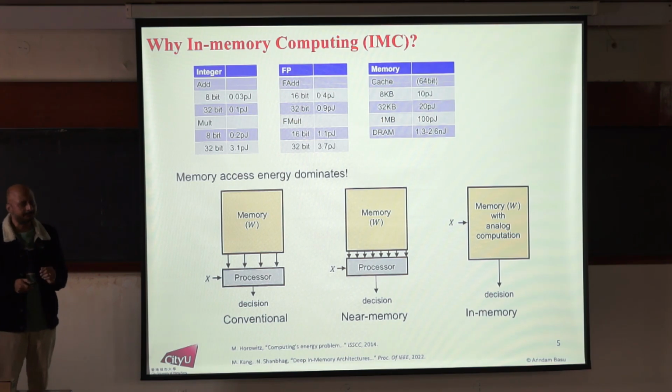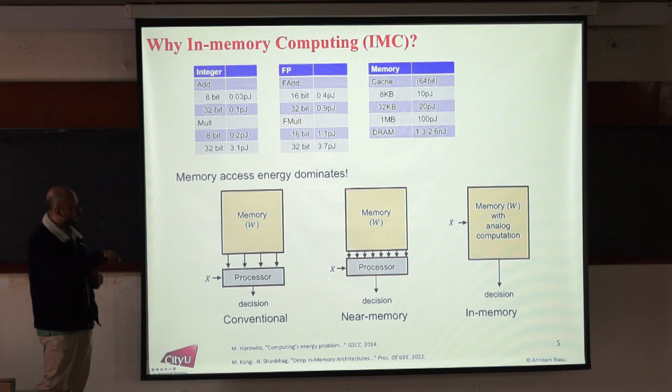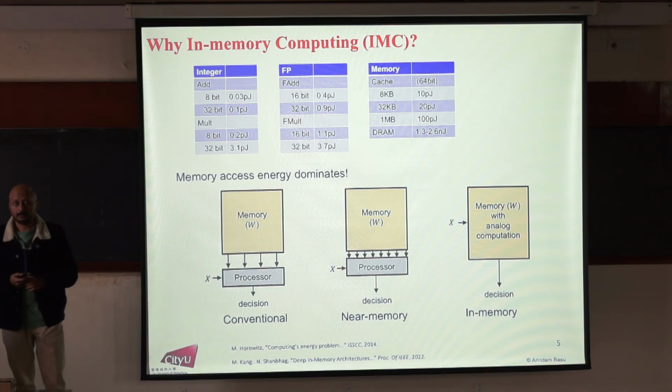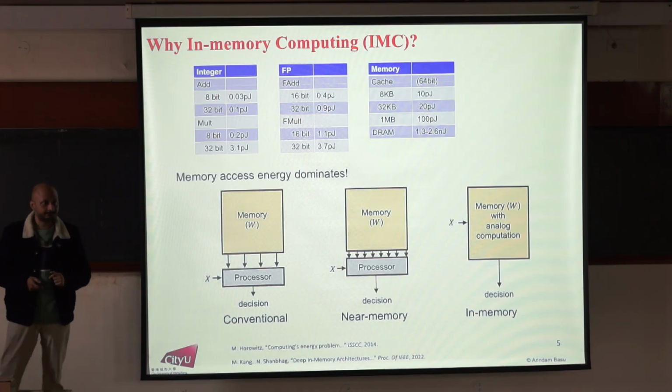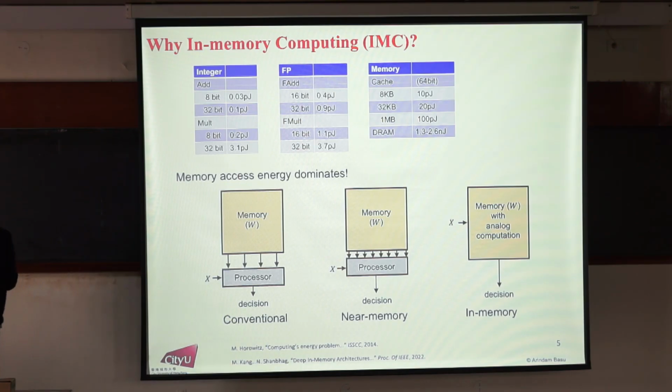That helps you a little bit. But the most radical version is you have the input, the X that you want to compute, directly going to memory, and you only read out the final result. So everything is happening inside the memory. So that is why we call it in-memory computing. Okay, so you're doing computing inside the memory.